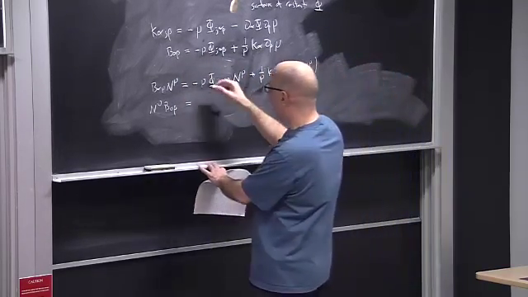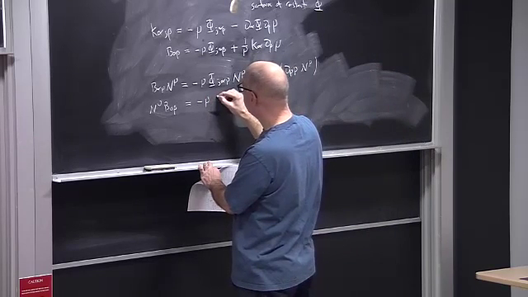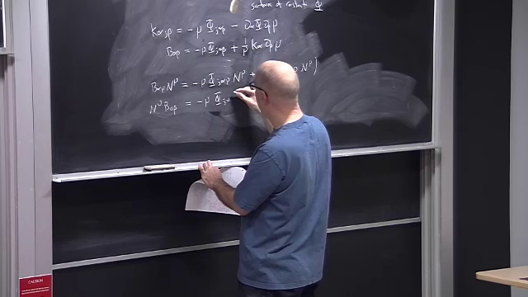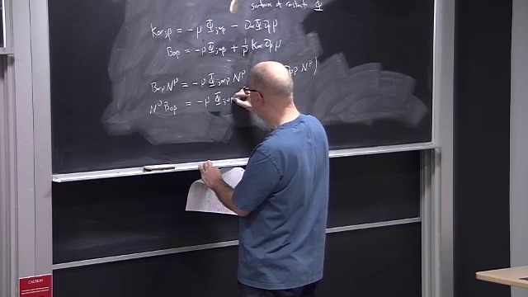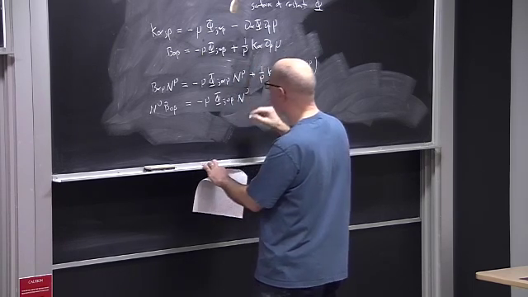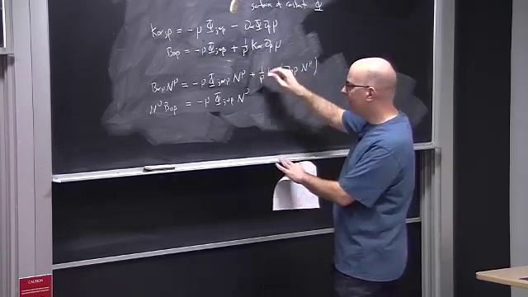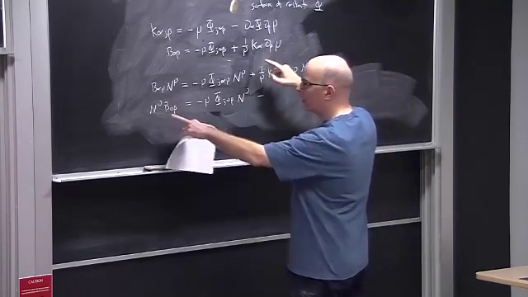But here I get minus mu, so here I'm going to multiply N with this K, and I'm going to get minus 1 from that, and I get that as a result.